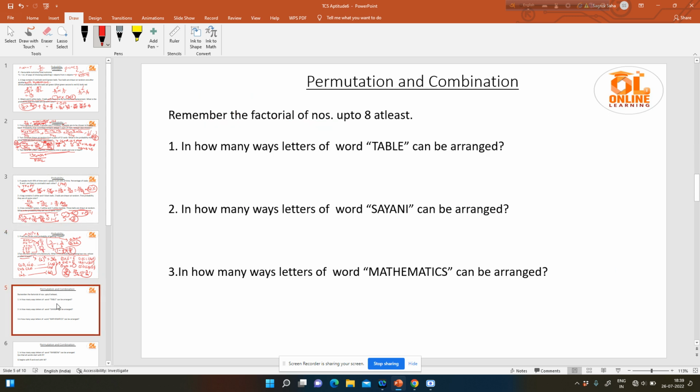Now let us move to permutation and combination. Permutation and combination is a very big topic, but in the exam only some particular questions have been asked, so we will focus mainly on those questions. I will request you to remember the factorials of numbers up to 8 at least.